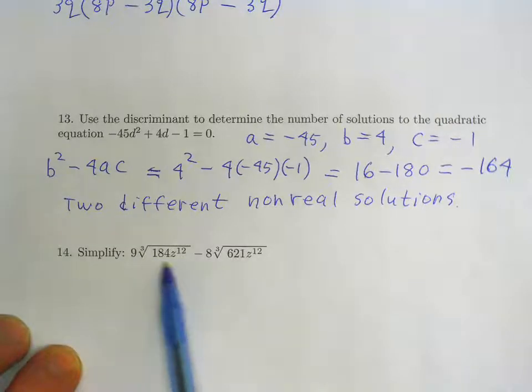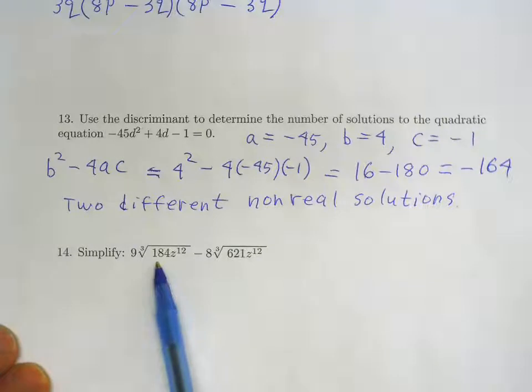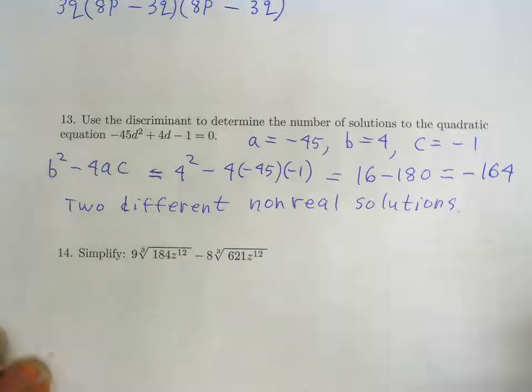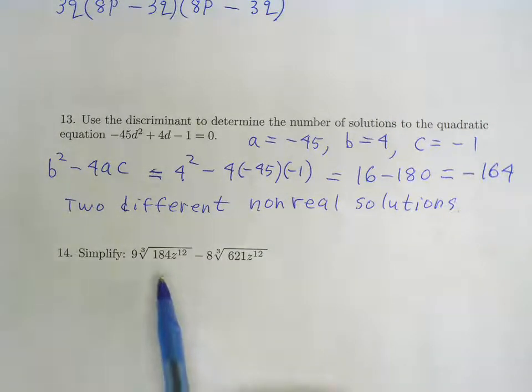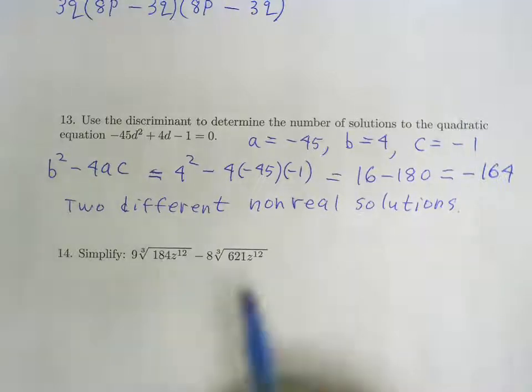Now we want to determine if the cube root of 184 can be simplified. 8 is a factor of 184, and 8 is a perfect cube. 8 times 23 is 184.